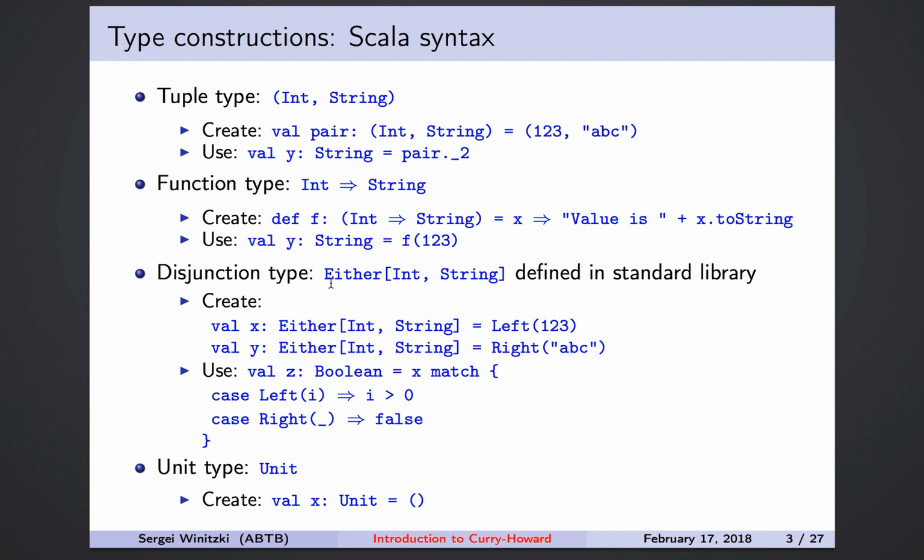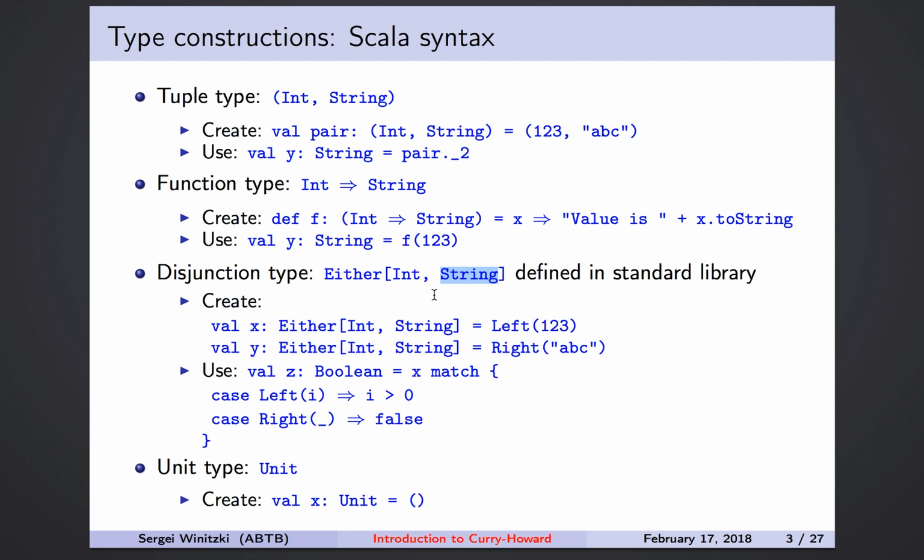Disjunction type is another important type construction. In Scala, it is defined in the standard library as the Either type. It has two type parameters. So Either with type parameters Int and String, and this is the syntax for type parameters in Scala. So Either is a type that represents a value that can be integer or string.